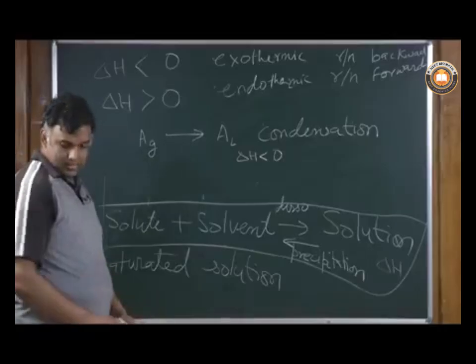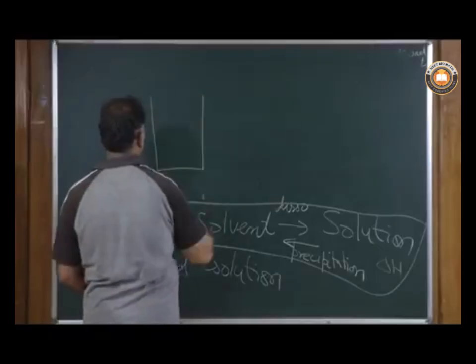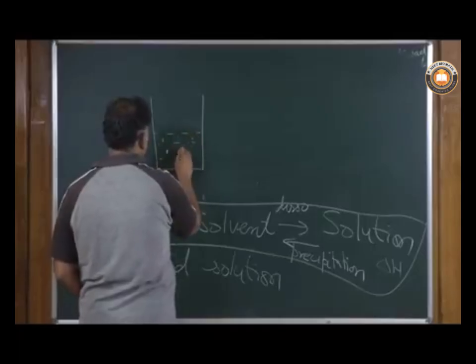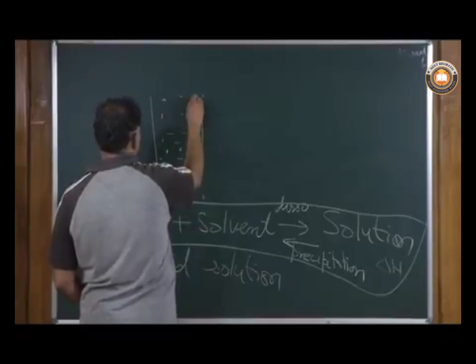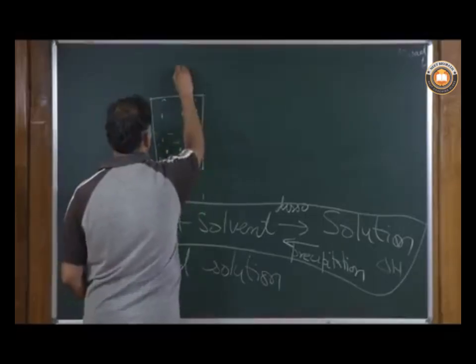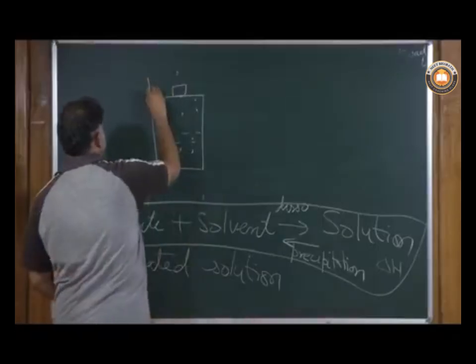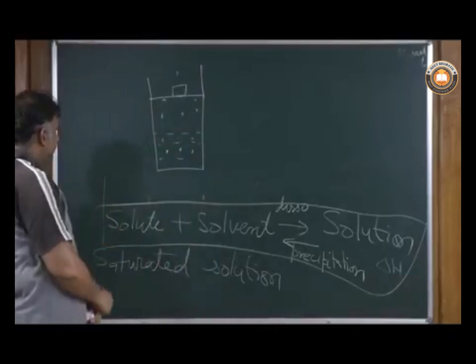Okay. Now, let us think about the pressure. So, this is my vessel where I have my solution. In this case, we have the solute particles in the solution, and these are the solute particles in the gaseous phase. And this is a closed flask, and I have some pressure applied on the system.